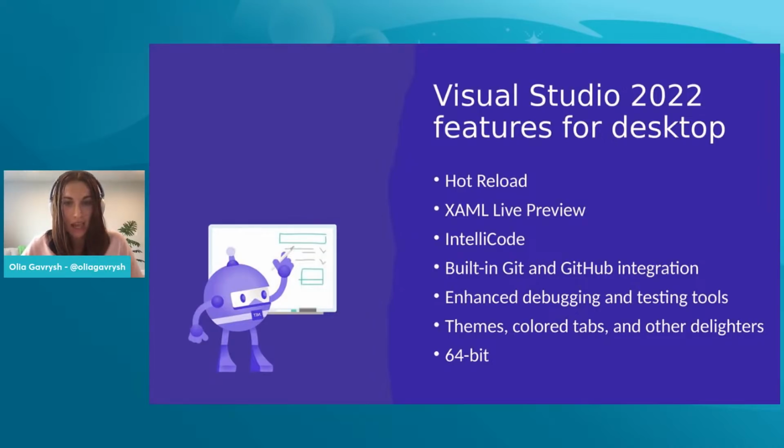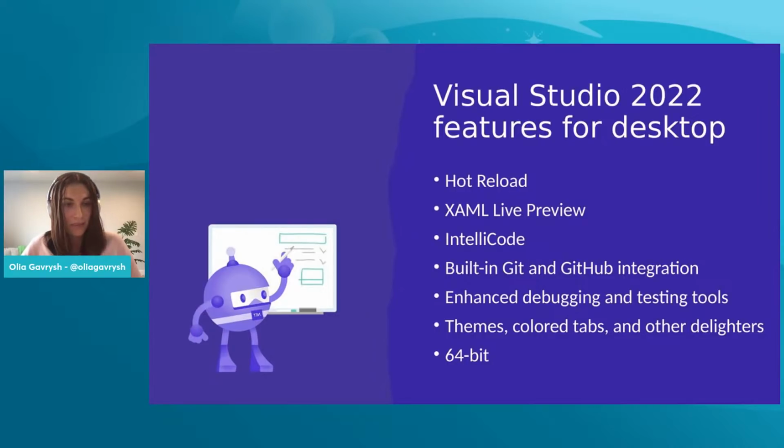We have a XAML Live Preview, and I'll talk about it when I will be talking about new things for WPF, but that's also a great productivity tool. We made updates to IntelliCode. Now it's even easier. Visual Studio does more work for you, so you can really focus on thinking and let the tool take care of all mechanics. We have built-in Git and GitHub integration, enhanced debugging and testing tools.